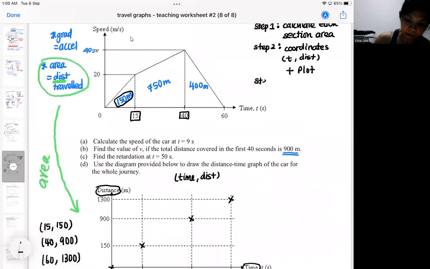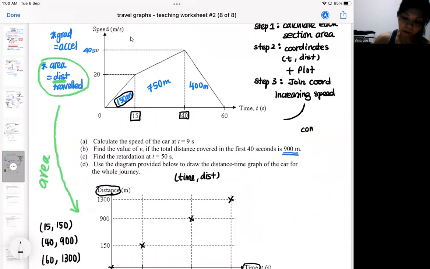So step 3, you're going to join. There are 3 ways of joining the points. Okay, the first way is an increasing speed. So if it's increasing speed, it will be like this.